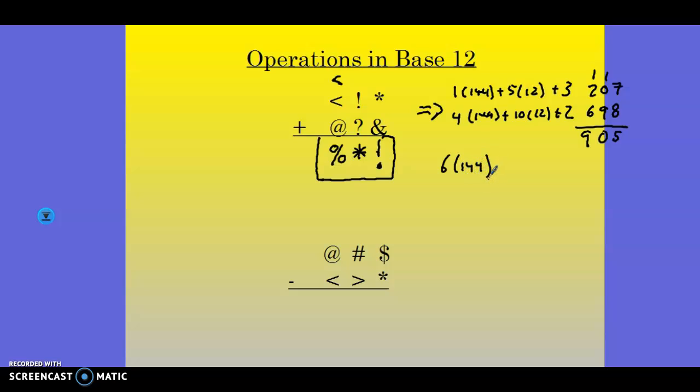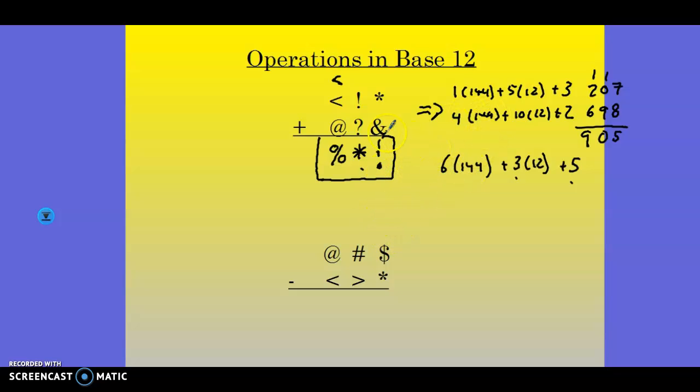So if I take out 905 minus those 6 144s, you're left with 41, and 41 has 3 12s. 41 minus the 3 12s, or 36, is 5. So there's a 5 left over. And you can see that 6, that's the percent, 3, the asterisk, 5, exclamation point.